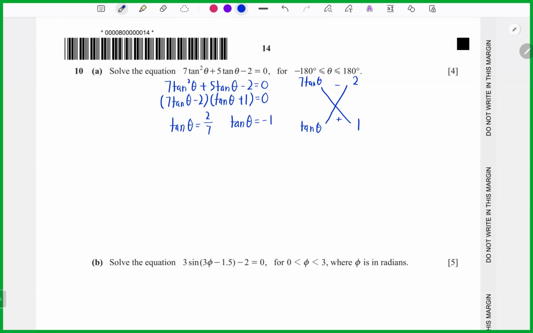Now we can try to find the reference angle first.